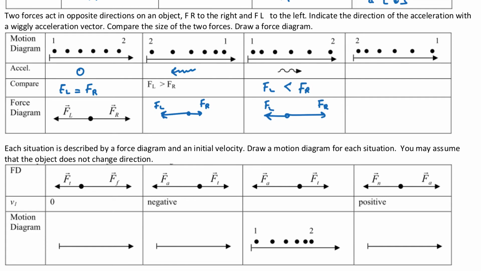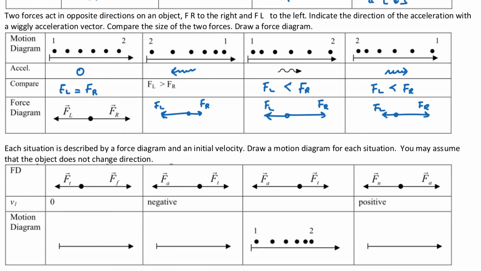So if we're slowing down and moving in this direction, that means our acceleration needs to be in the opposite direction, because in order to slow down, the direction of motion and acceleration need to be opposite, and that's something we learned in the previous unit. And if acceleration is in this direction, that means Fr is bigger than Fl, and in terms of our forces, Fr has a bigger magnitude than Fl.